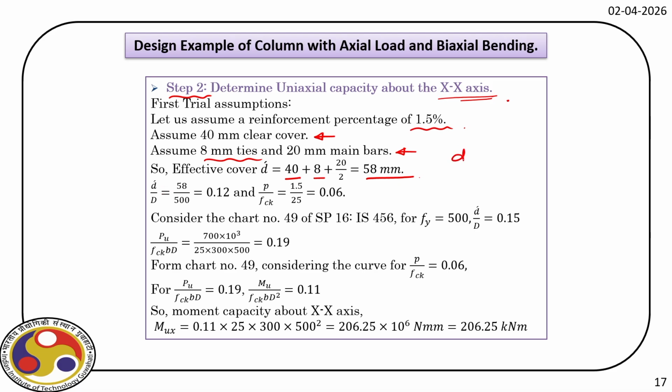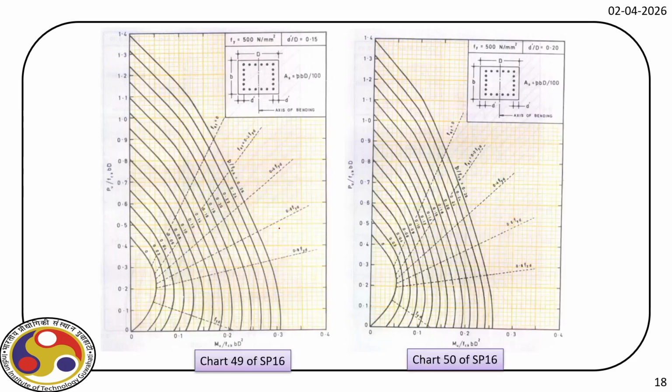So effective cover by capital D, as you can see here, is 0.12, and p by fck, for us it is M25 concrete, so it is 0.06. Now once we have these two, let us consider SP16, and in that SP16 let us consider chart number 49, which is here.